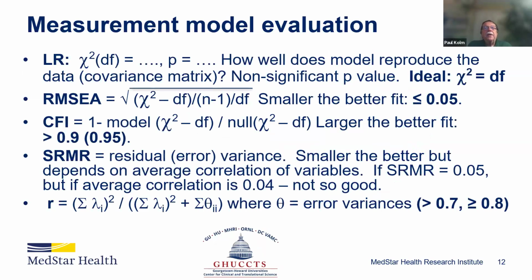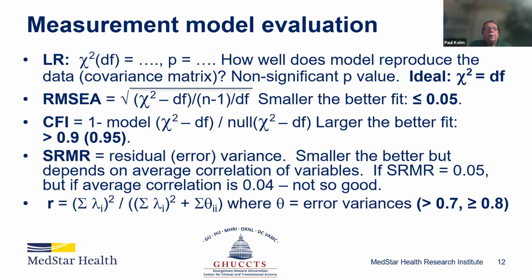So in terms of the model evaluation, as I mentioned, for the likelihood ratio test, we want a non-significant p-value. And ideally, if we get a perfect fitting model, the chi-square will be equal to the degrees of freedom. That's hardly ever achieved, but that's what we're kind of looking for.